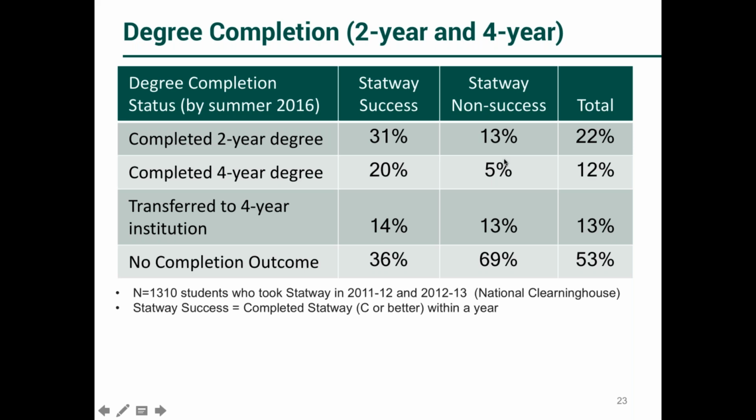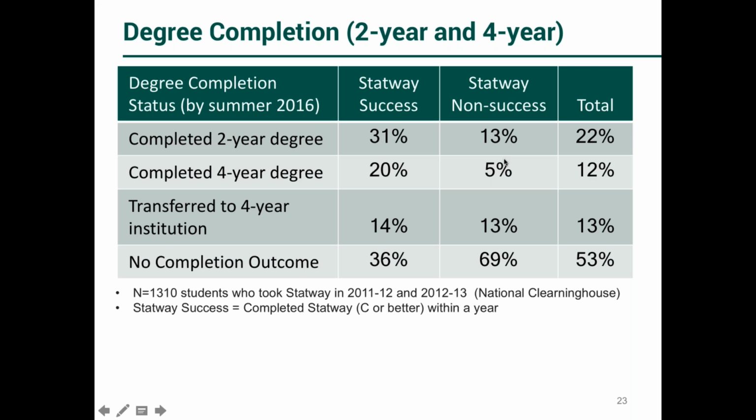Across all those students, 22% completed a 2-year degree by the summer of 2016. Similarly, the 4-year degree completion rates are 20% for the students who are successful in Statway and 5% for the students who are not successful in Statway.